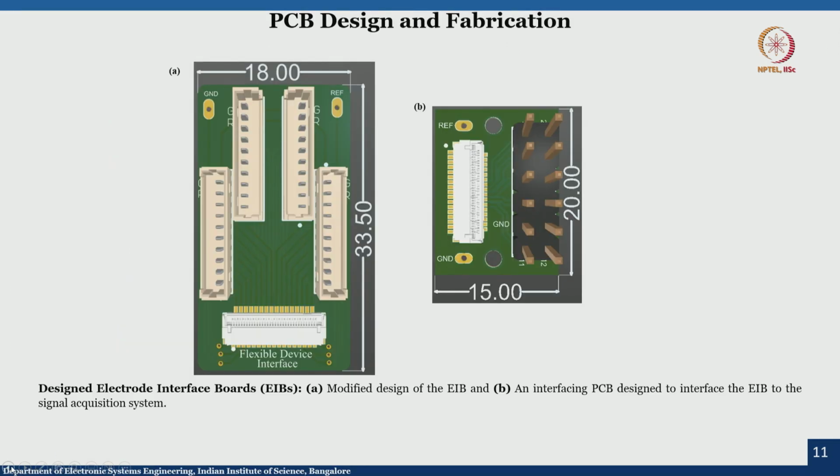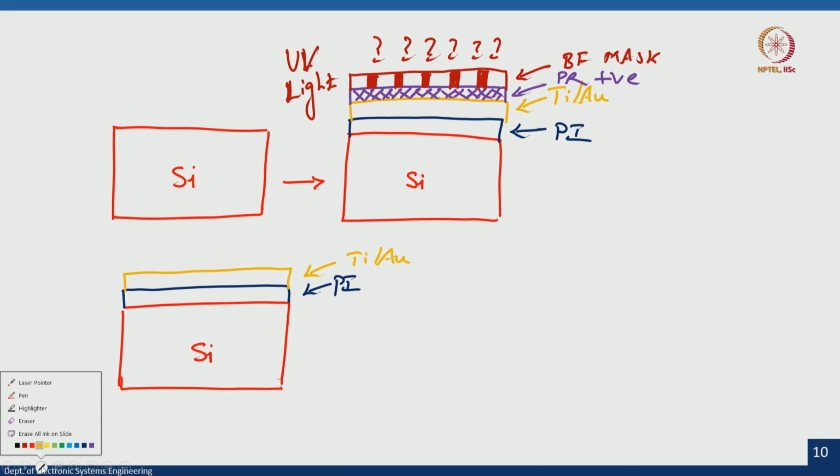What will we have? We will have this pattern, because it is a bright field mask and a positive photoresist. So, we will have photoresist like this, and then we will do the hard bake at 120 degree centigrade for 1 minute on a hot plate, followed by etching.